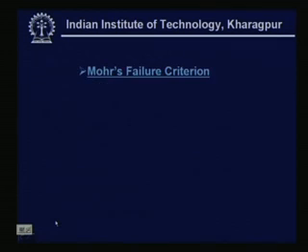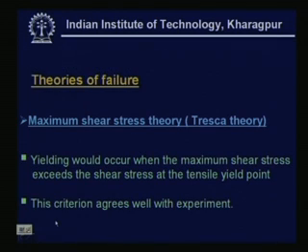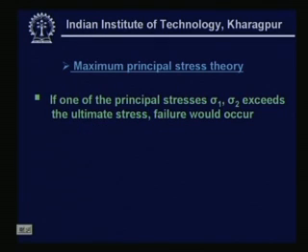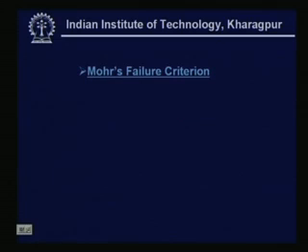These four theories: the maximum shear stress theory, the Tresca theory, and the distortion energy theory are both for the ductile material. Then next comes the maximum principal stress theory, and then the Mohr failure criterion.